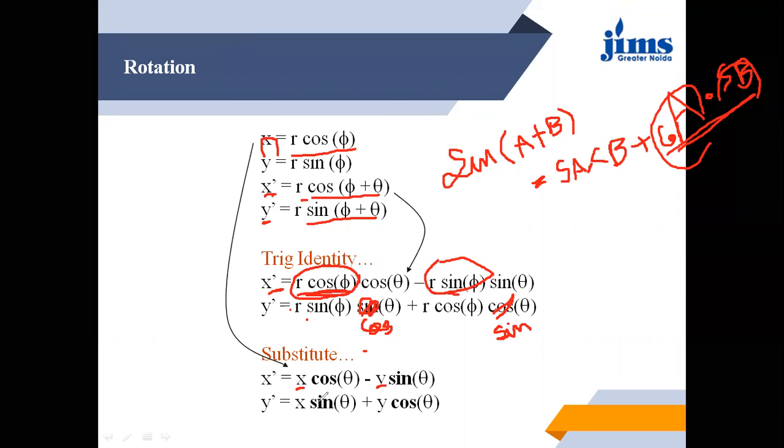From above, r sine phi is equal to y. So this is the final formula we have to use to implement the rotation properties.